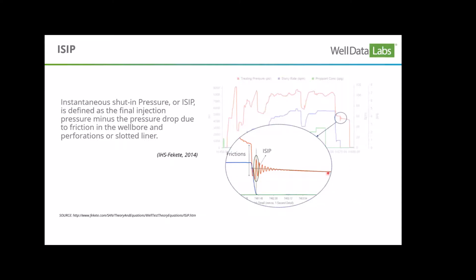Then we use linear regression in order to find this point where the slurry rate is equal to 0. Then we select the pressure point at this exact moment, and that's where we get the ISIP value.